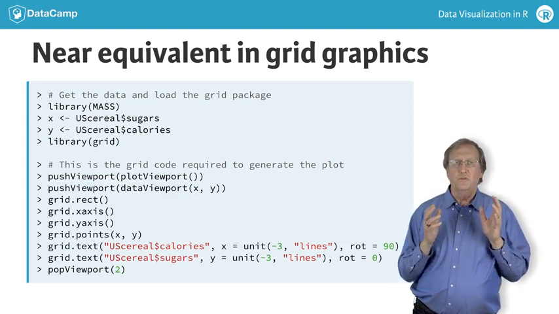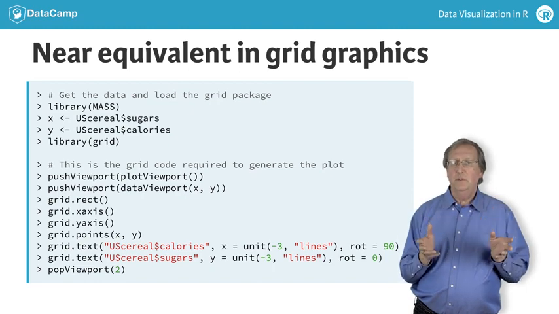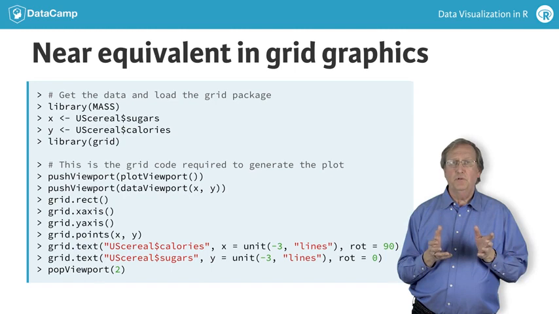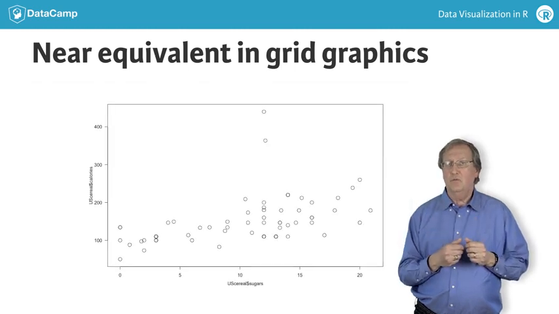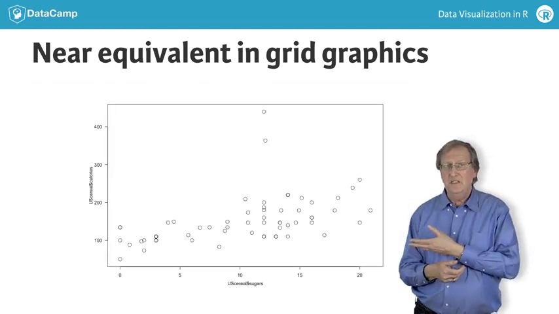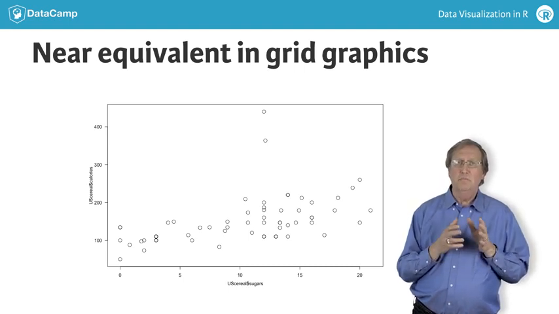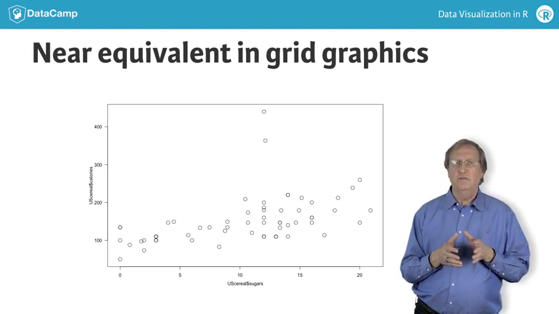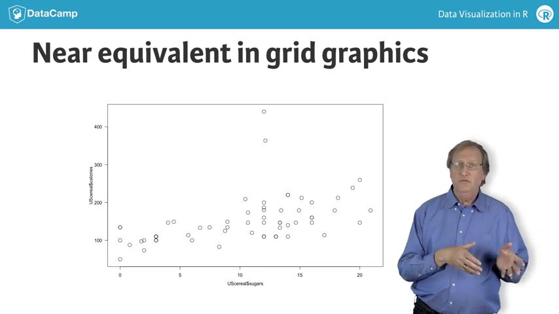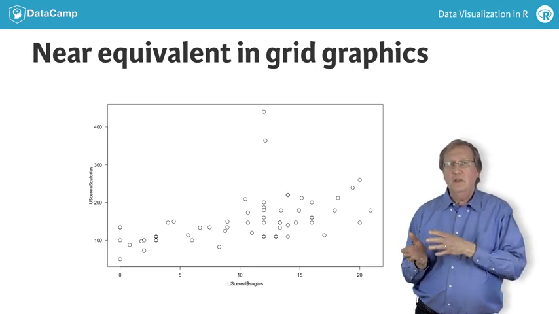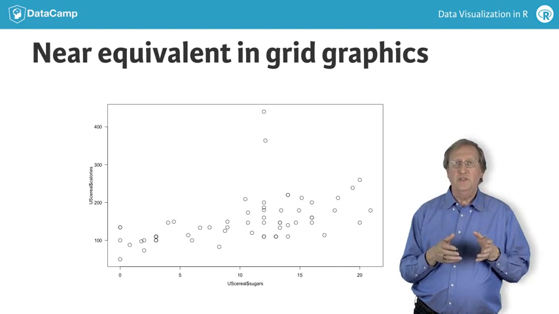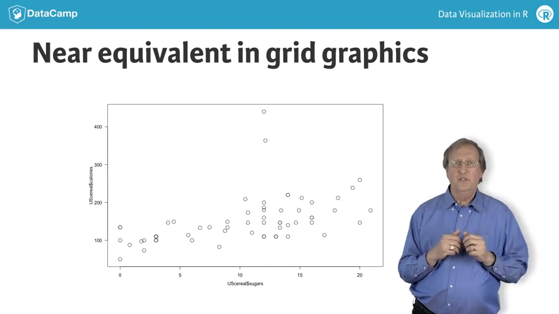Grid graphics offers much greater power and flexibility than base graphics, but this comes at the price of a steeper learning curve and greater effort required to create simple plots like this one. This is the reason that the grid graphics system is mainly used by R package developers to create special visualizations or other graphic systems like the Lattice and ggplot2 packages.